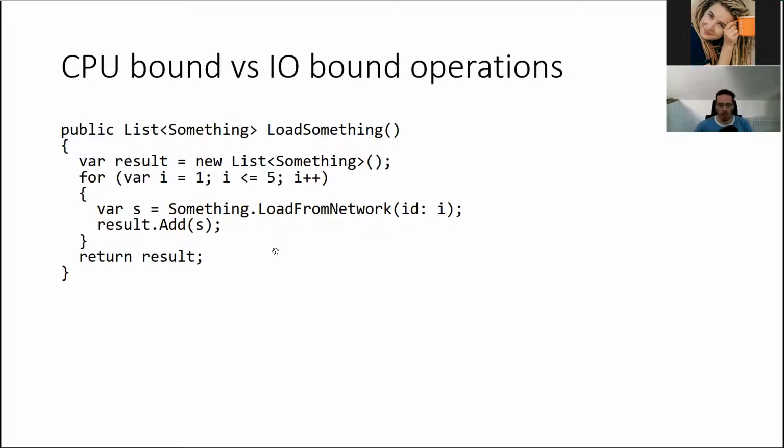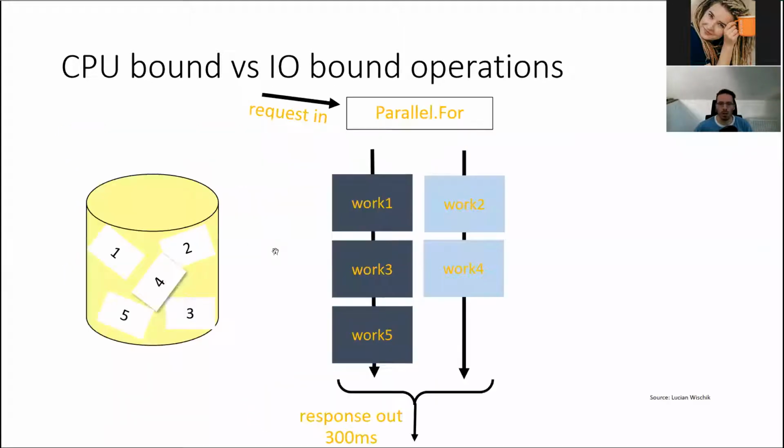And probably the first answer you will find in documentation or somewhere on Stack Overflow will be like, use parallel for. So you will use the parallel for, and it will be an easy swap in the code. And you measure how long it takes with parallel for. Let's suppose for this picture, we have 2 CPUs.